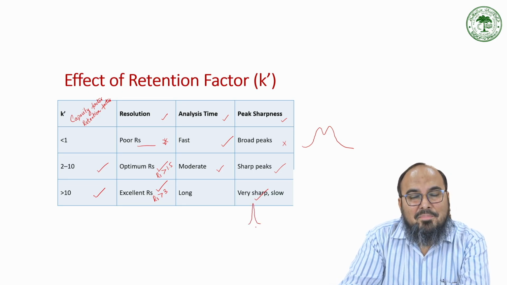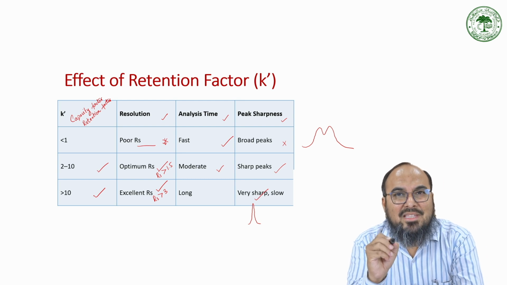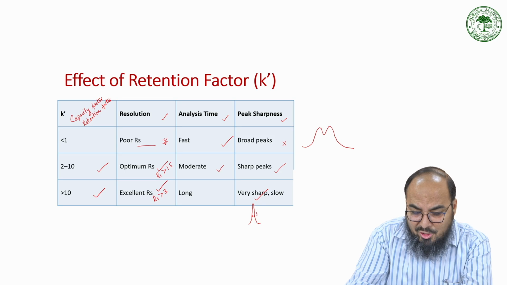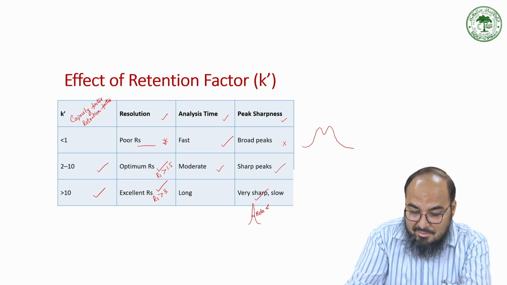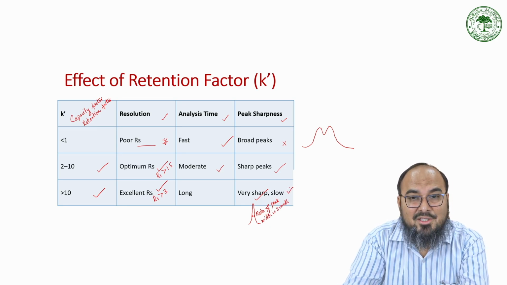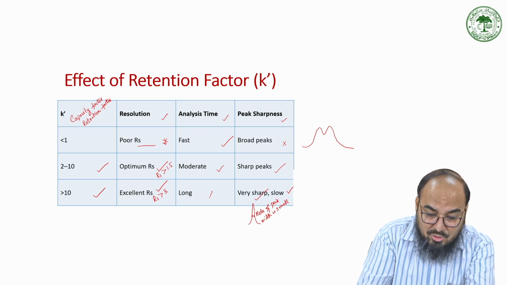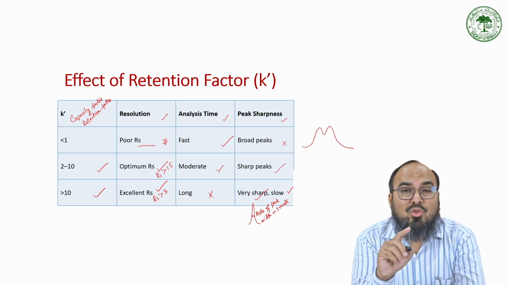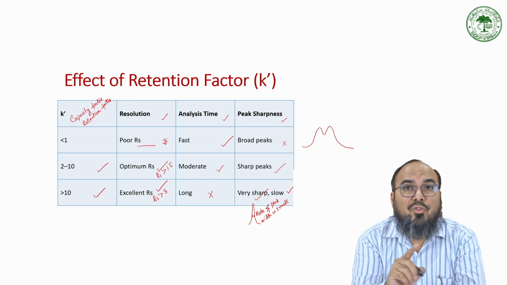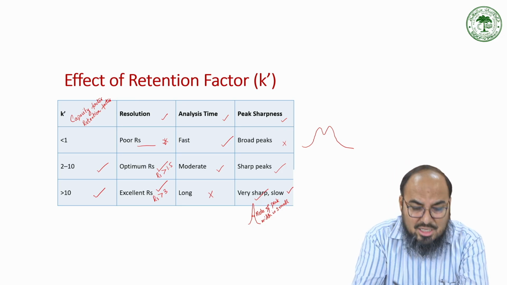Peaks would be sharp, narrow peaks, that is, here the bandwidth, the peak width, is small, very good, very nice. But this is the problem: you have to run your column for separation for longer times, and that is actually the problem.